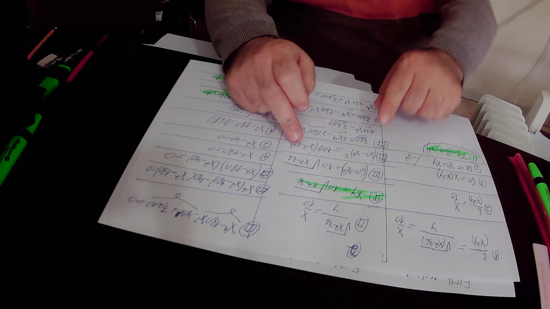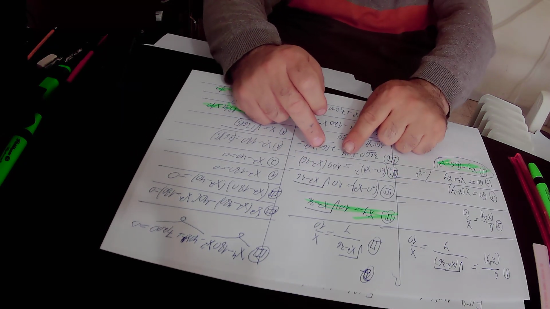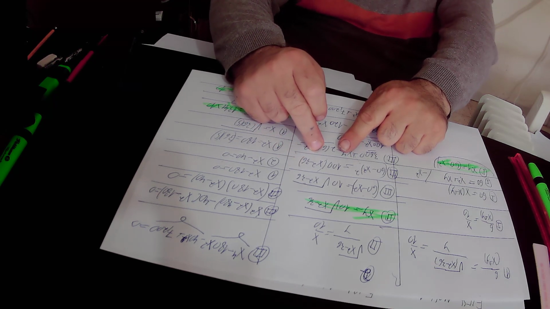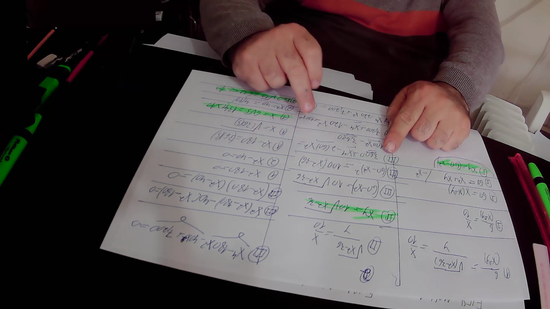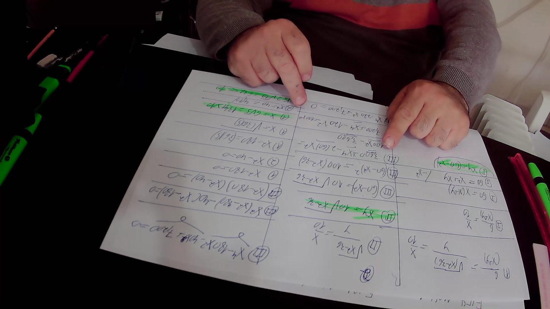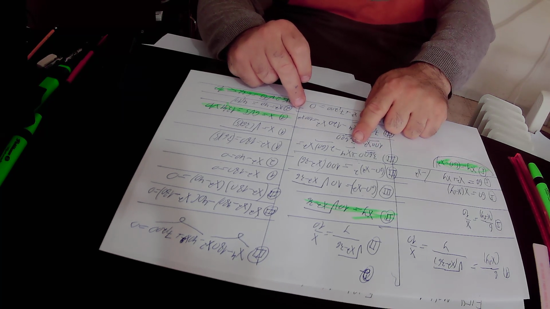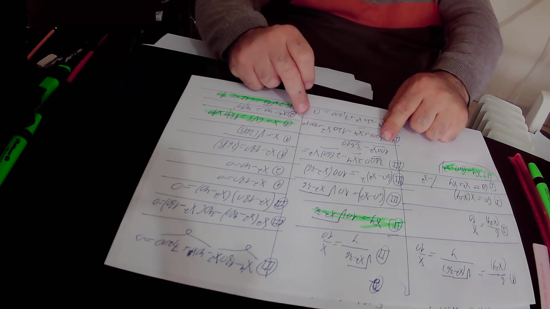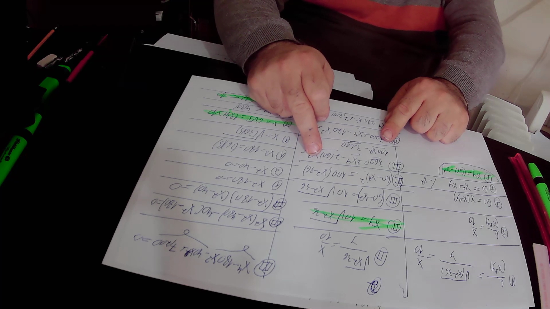We squared both sides of equation number 3, and we got that (60 minus x squared) squared equals 10 squared, that is 100, times x squared minus 36. Here the square cancels the root, and we are left only with x squared minus 36. We open the brackets on both sides of equation number 3, and we got that 60 squared, that is 3600, plus x squared squared, that is x to the power of 4, minus 2 times 60 times x squared, equals 100 times x squared minus 3600.